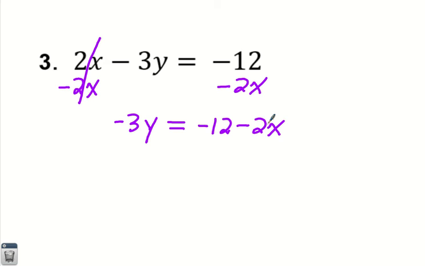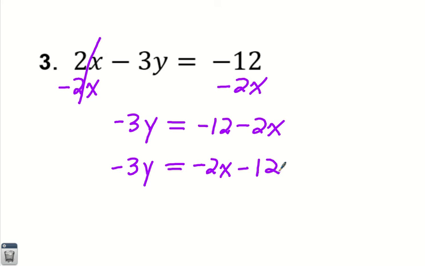And what I'm getting at is, you should get in the habit right now, if not already, of putting the x term first. So my right side, I'm going to put the negative 2x term and then the minus 12 term.